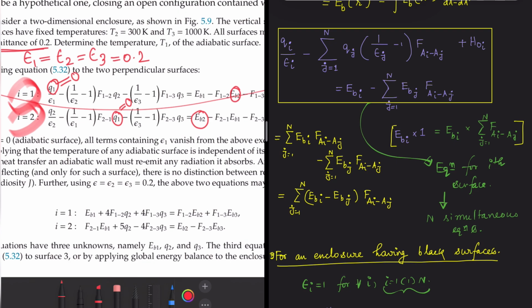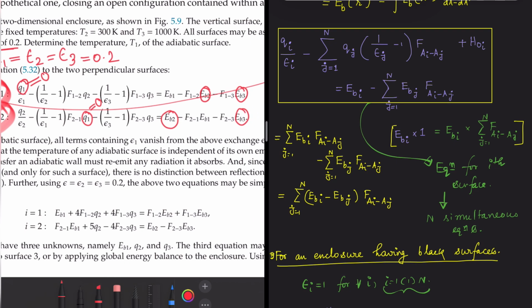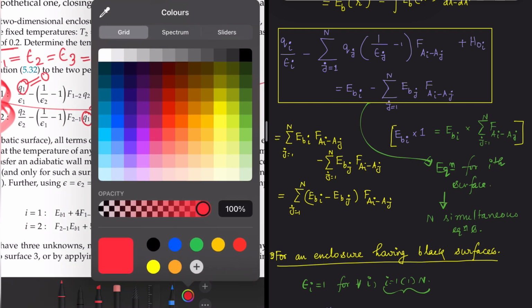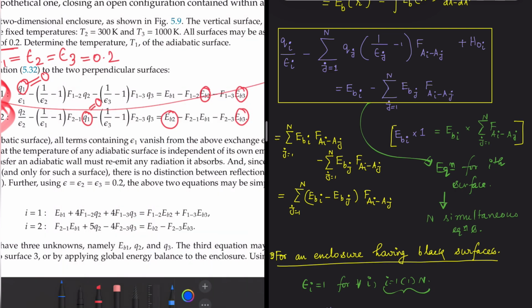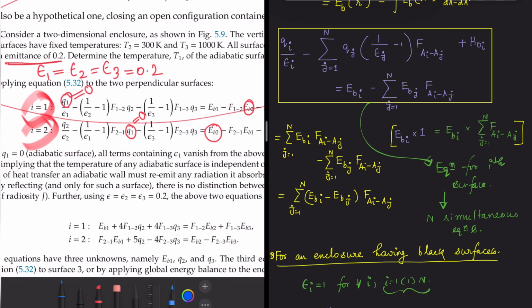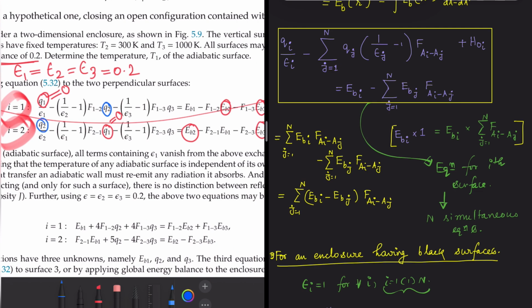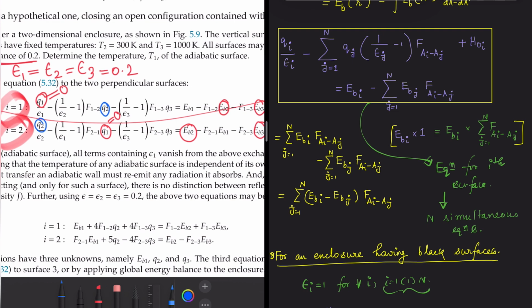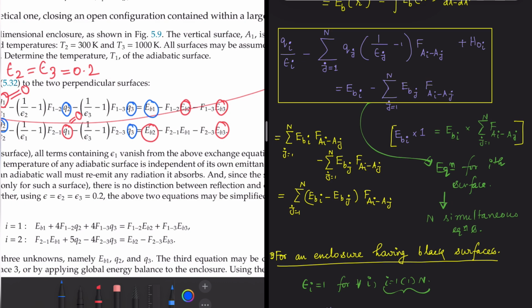That means you have two equations, and what are the unknowns? The unknowns are Q2, Q3, and EB1.